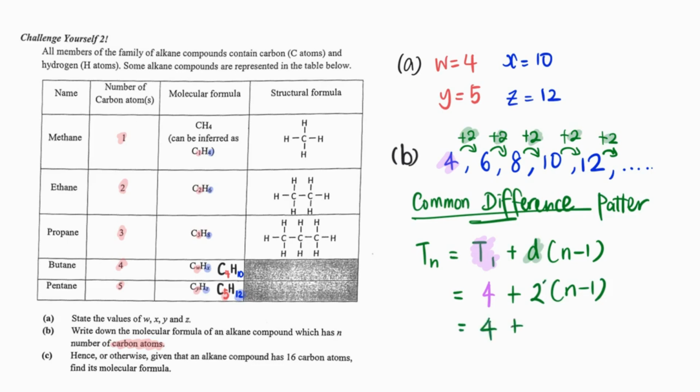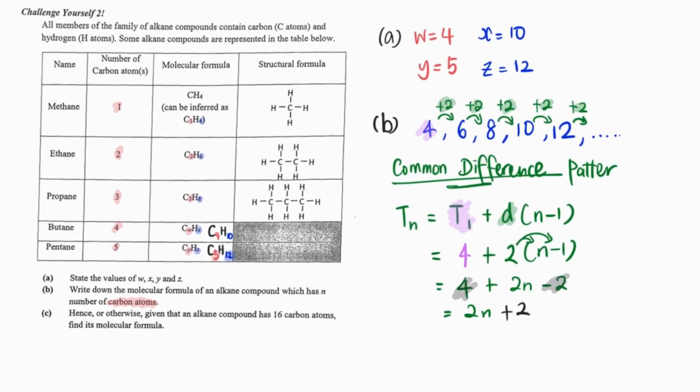So I will have 4 plus 2n minus 2, 2n, 4 minus 2, 4 minus 2 will be equals to positive 2. And therefore, for part B, I will be able to get this answer. So come, let me just shift to keep. So the answer will be C n, H 2n plus 2. Alright? Comes from here. Done.